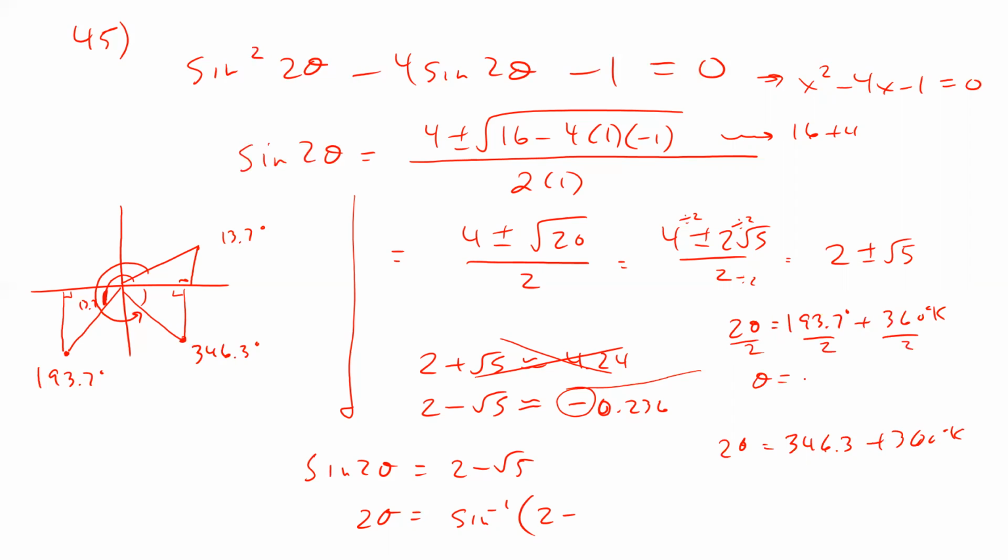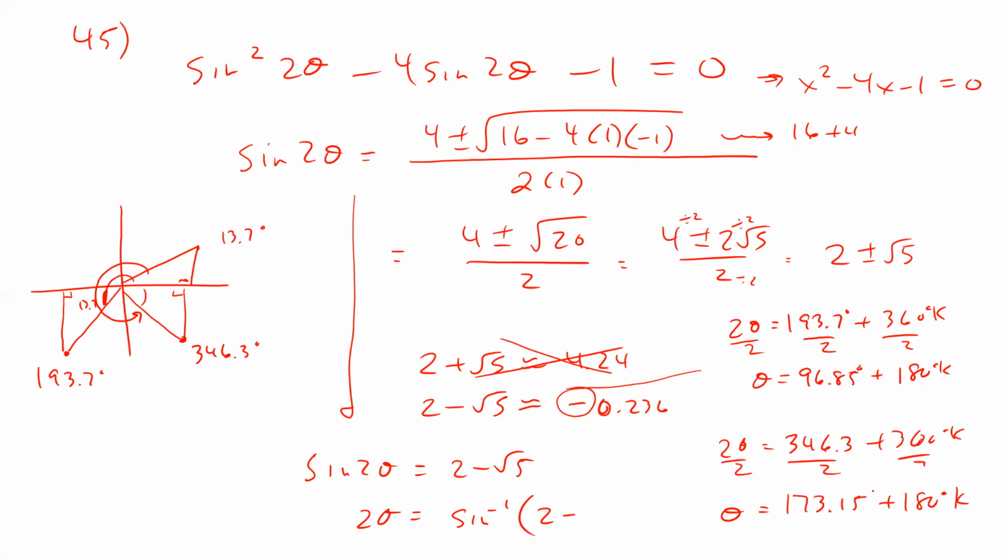Help me out, please. 193.7 divided by 2. 96.85, plus 180 degrees K. Okay, got that one solved. And then this one, divide by 2: 346.3 divided by 2 is 173.15.